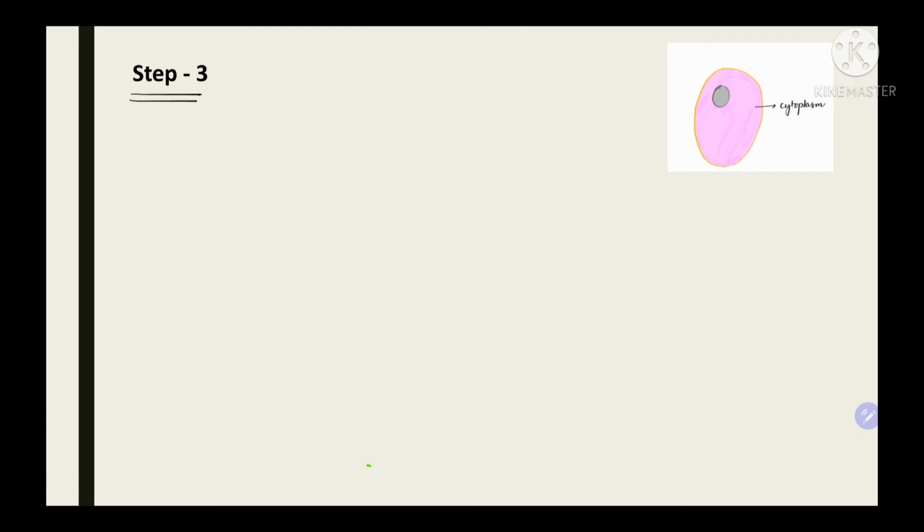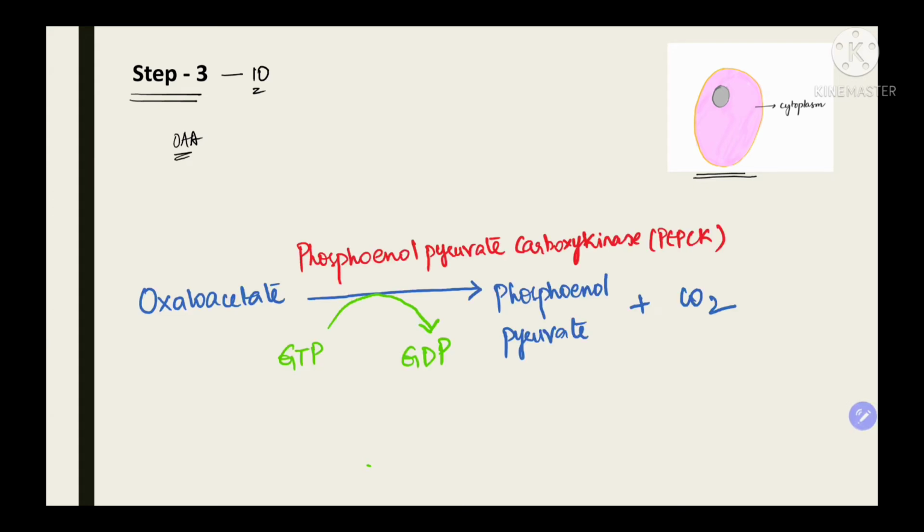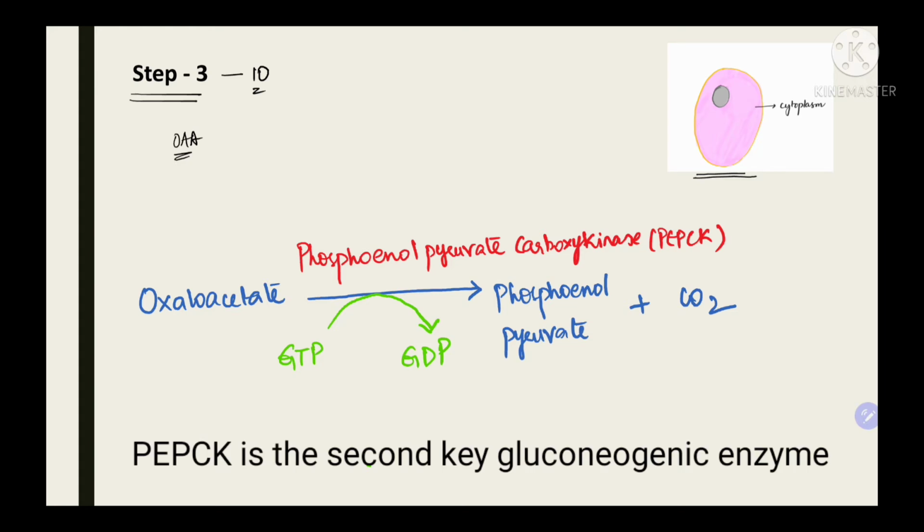So from step 3 to step 10, all the reactions take place inside the cytoplasm. Through the malate aspartate shuttle, the oxaloacetate has reached the cytoplasm, and in the cytoplasm there is a decarboxylation reaction.